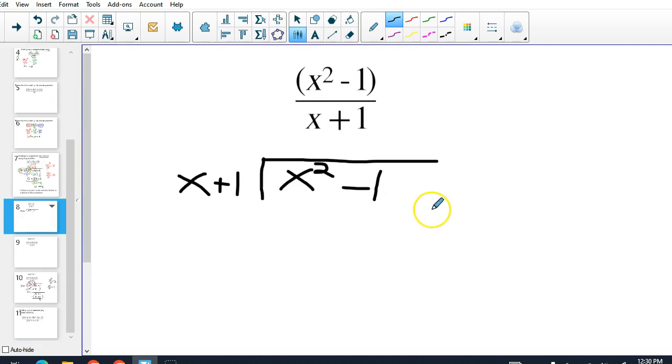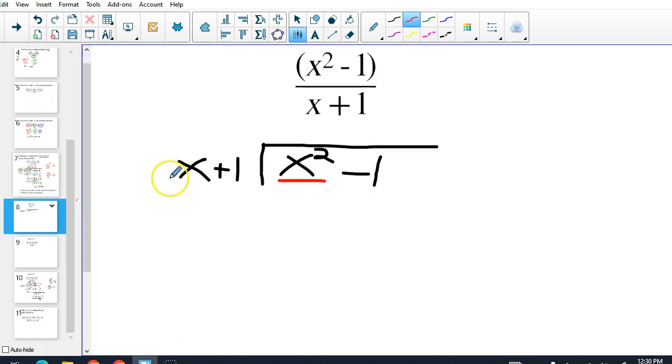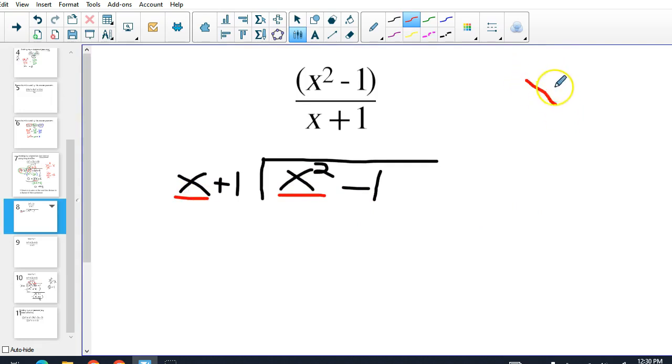Okay, so we look at our first number, which is our x squared. It's divided by our first number of the divisor. So x squared divided by x, 2 minus 1 gives us 1x. So we have x. So x goes on the top.